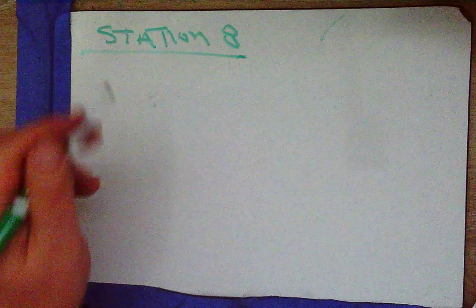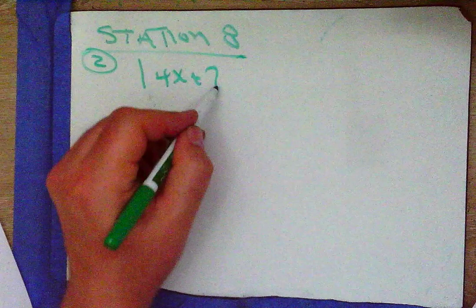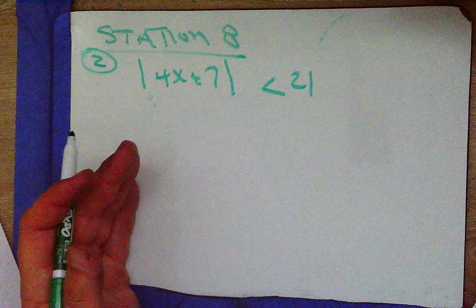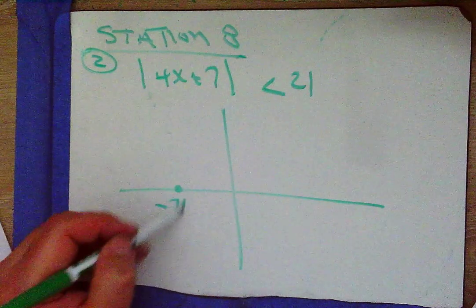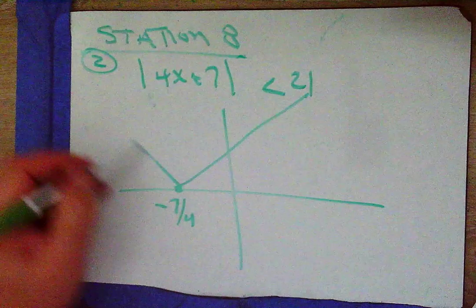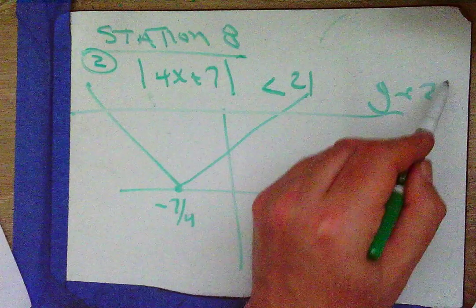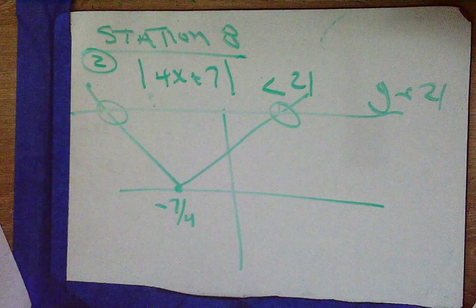All right, next, number 2. We've got absolute value of 4x plus 7 is less than 21. Again, we could think about this stuff graphically. Here's negative 7/4. There's that absolute value. Here's the line y equals 21. And oh, look, I expect to find 2 points of intersection.